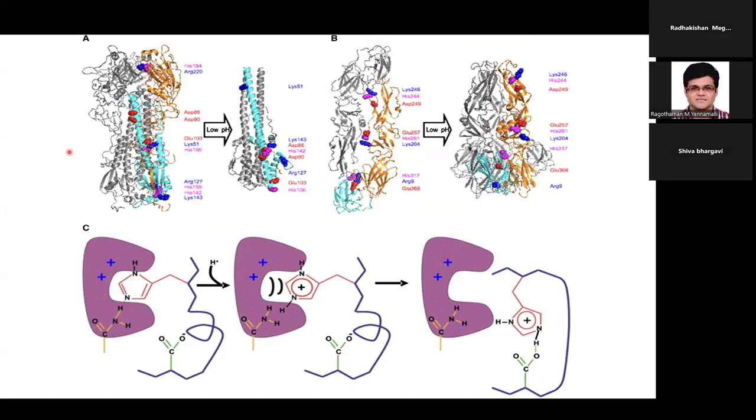Now, the closest one that is known to undergo a pH-based conformational change is in the influenza virus. This is the hemagglutinin of influenza virus. At low pH, what happens is that this blue cyan region flips and forms an interaction with other residues.